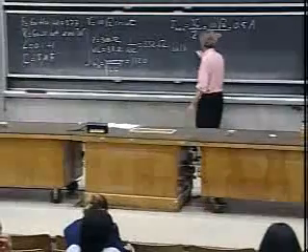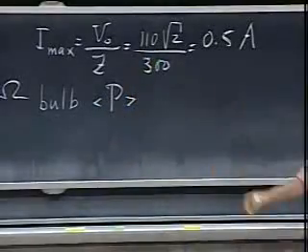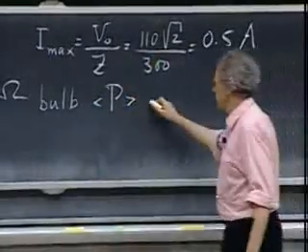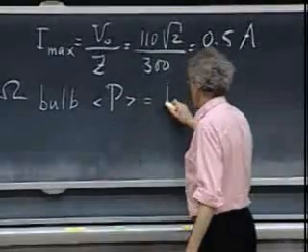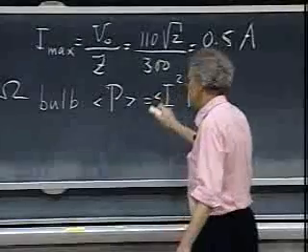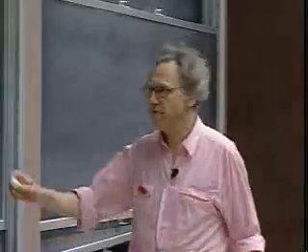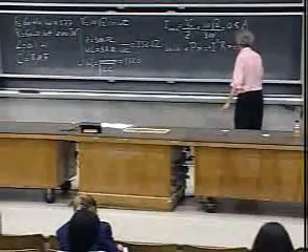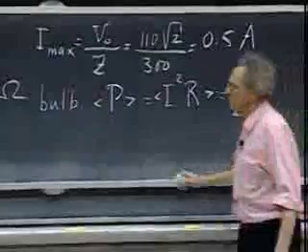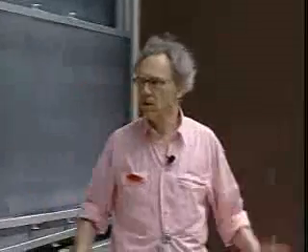In the light bulb, the average power over one full cycle of my oscillations equals the time average of I squared R. The time average value of cosine omega t squared is always 1/2. So this 1/2 is the result of the fact that the I there has a cosine omega t, and you square that, and you get 1/2 if you average it over oscillations.